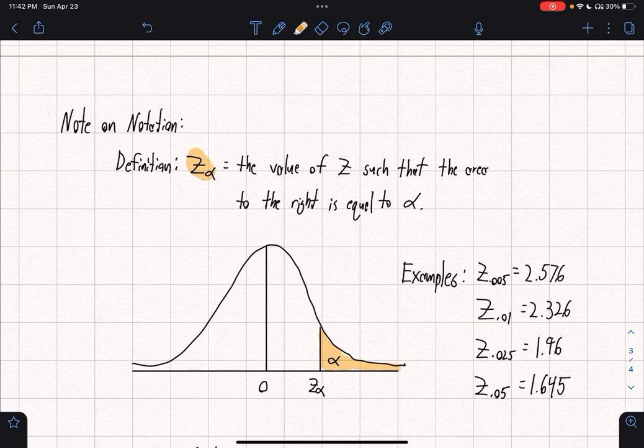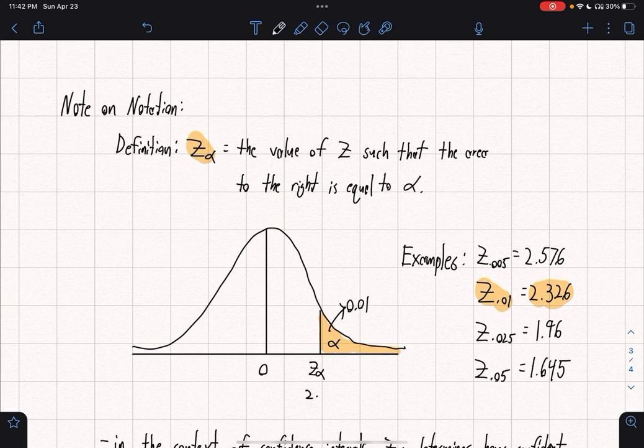Again, let's say we wanted this alpha to be 0.01. Well then, we would look up the z value, z 0.01, and if we did that, we would see that that value is 2.326. So that would mean that this z value here is 2.326. So that's what we mean by that.